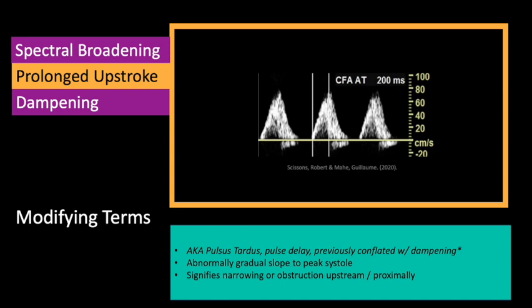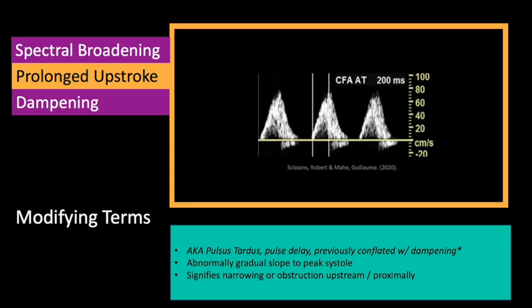The next change we'll refer to is sometimes called a prolonged upstroke or pulsus tardus. What this refers to is a pattern that shows an abnormally gradual slope or a prolonged time to reach the peak systolic velocity. Whereas we typically expect really brisk, rapid upstrokes in systole, a prolongation can signify an upstream narrowing or obstruction.